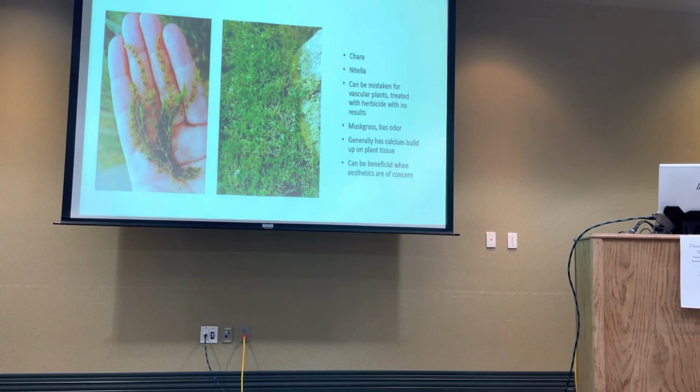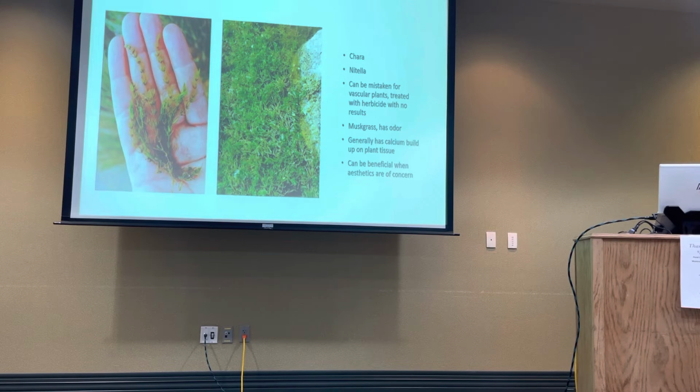All right, here's a macroalgae. This is Chara, which is often mistaken for a vascular rooted plant, but it's actually just a really big algae. It's also called muskgrass, but it can be mistaken for vascular plants. Generally, the plant has calcium buildup on it.